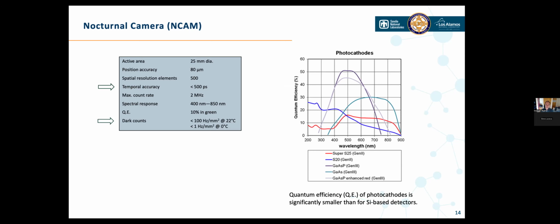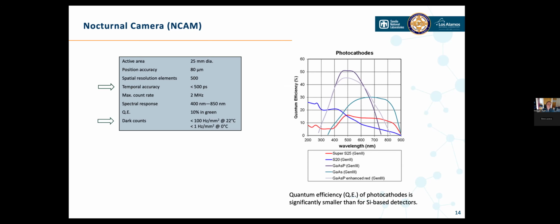These NCAM detectors, or photocathode detectors, have probably a few hundred counts over the entire area of the detector, which is a phenomenal difference in dark counts. The reason why, in a lot of our imaging techniques, we have to increase the light levels to levels that we can see with our own eye is because we have to overcome this intrinsic noise of the detector. With these photocathode detectors, we don't have to do that in nearly the same way. So we can tune down our light source significantly, which means we interact with our plant less.